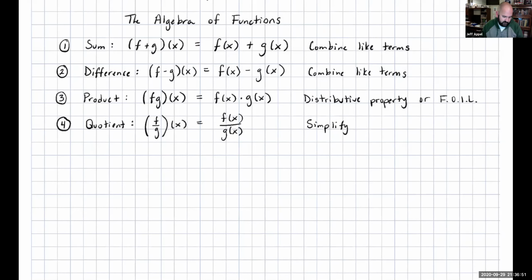Okay, so now that we have the general idea here, let's run through some examples to practice all this. So for our example here, we're going to let f of x be equal to x squared minus 3. And we're going to let g of x be equal to 4x plus 5.